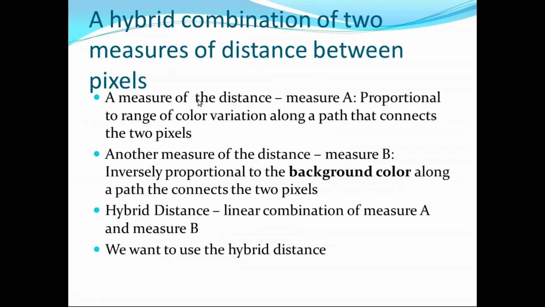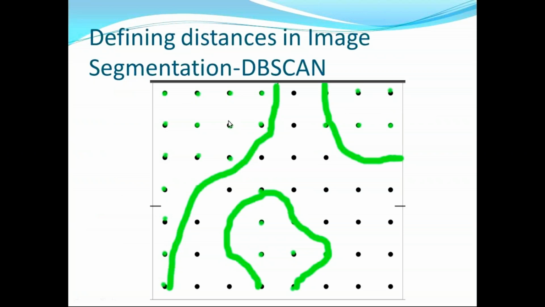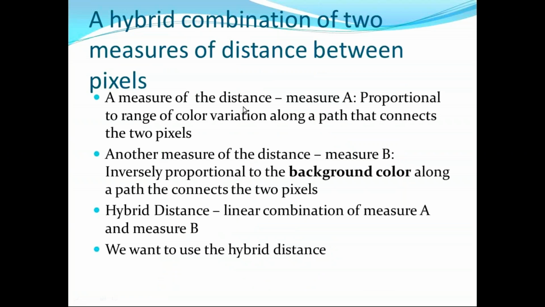One is two measures of distance. One is the measure of distance where it is proportional to the range of color variation along a path that connects two pixels. So we need a distance measure between two pixels where, for any path that traverses between those two pixels, if there is some dip in the color, essentially it goes through a dark region or background region, that should be increasing the distance measure.